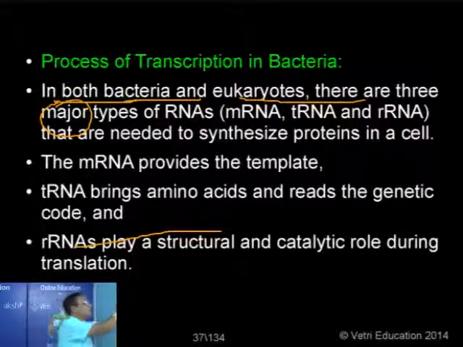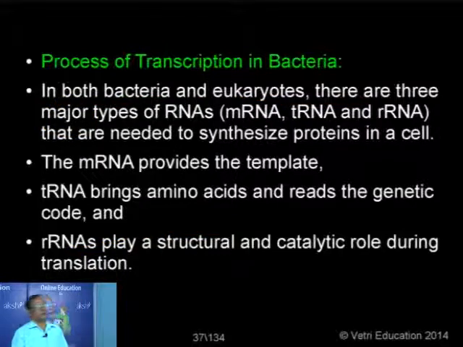Then let's take the process of transcription. First let us take bacteria. Whether it is a prokaryotic cell or a eukaryotic cell, for the process of protein synthesis to occur, we need the help of three RNAs. Those taking part in protein synthesis are called non-genetic RNAs.